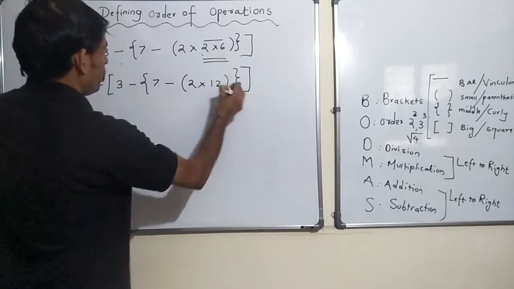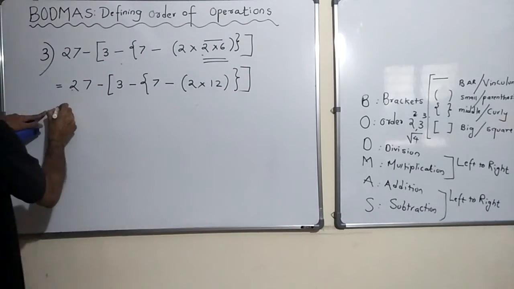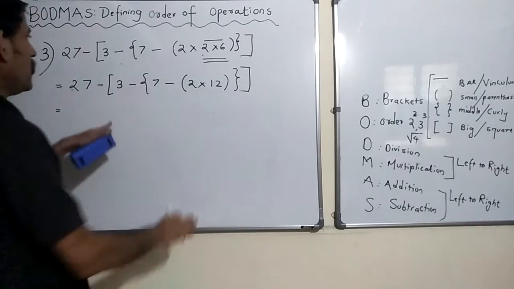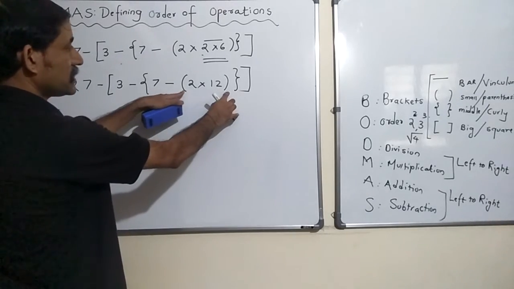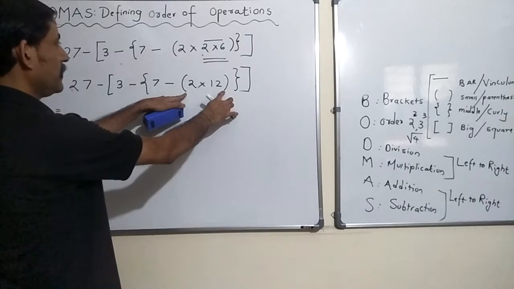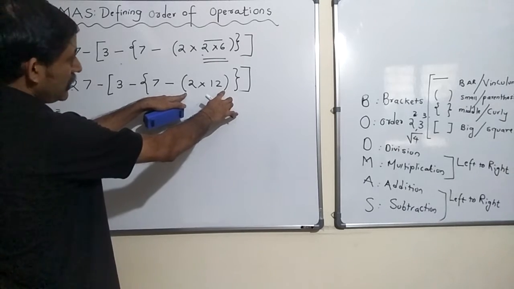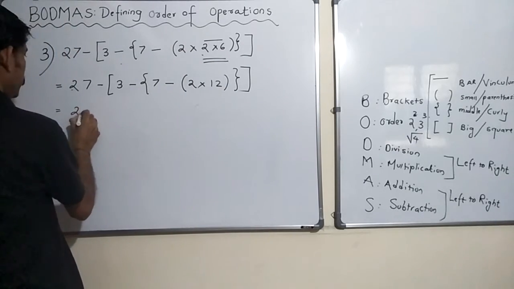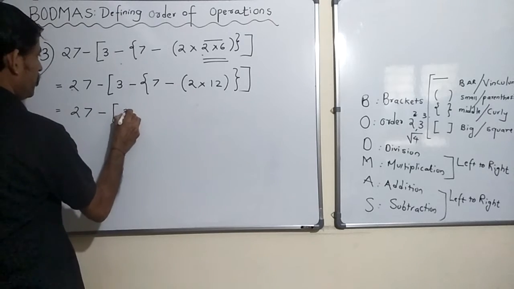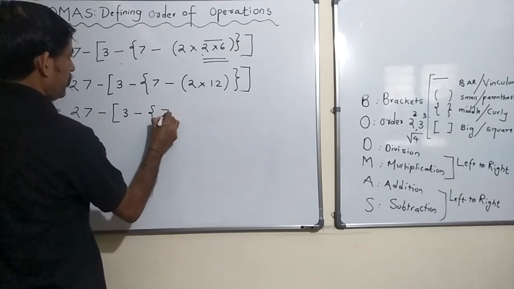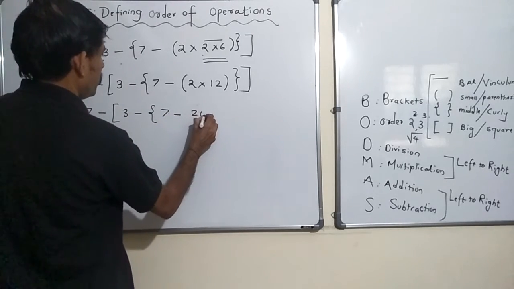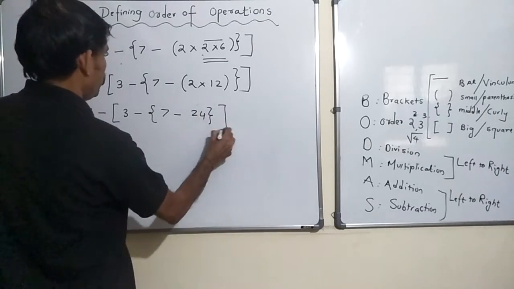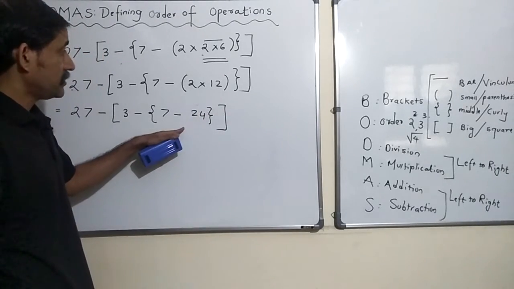Alright, so this is good. Now we had already come this far. So this is the bracket that we need to solve, right? So let's solve this bracket. It becomes 24. I hope you are with me on this, right?